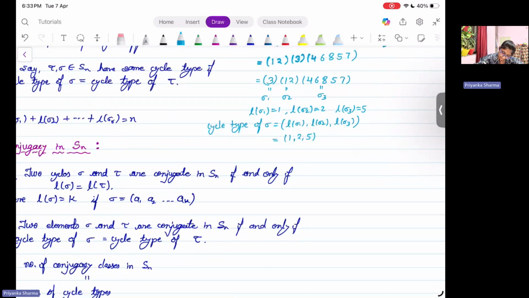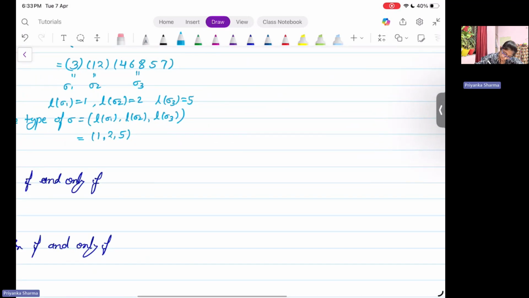And what if we have something like this, some sigma like 1 2, 3 4, 5, and 6 8 7, then the cycle type will be, now this will be sigma 1.